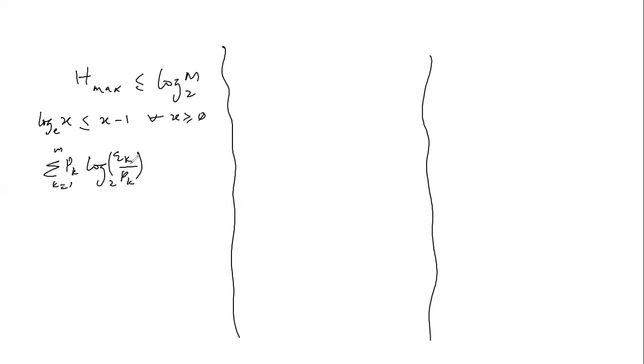Now, if we say that this exists, then because this is in base 2, and now we want to move from base 2 to base e, the natural logarithm, we first want to convert to base 10, okay?